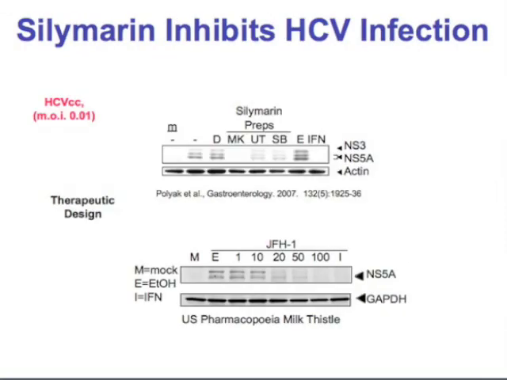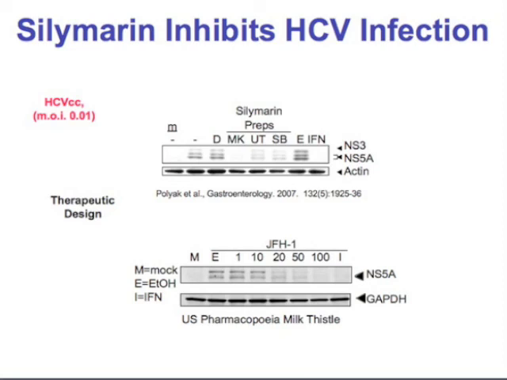And the first thing that we did is we tested silymarin against HCV infection using the cell culture-derived virus. We treated infected cells with 3 different preparations of silymarin. And this is a Western blot showing expression of NS3 and NS5A protein. You can see that the silymarin blocked HCV protein expression. And as expected, the established antiviral interferon caused robust suppression of virus infection.